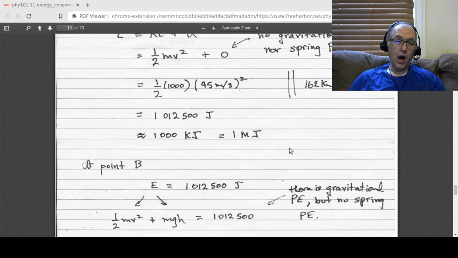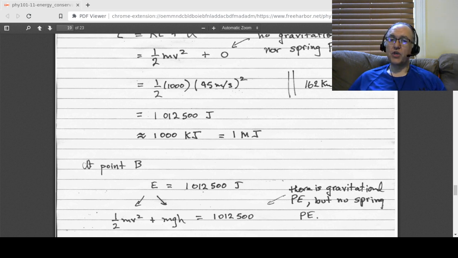So a car traveling at 160 kilometers per hour has 1 megajoule of energy. A megajoule is quite a bit. You can imagine how much damage a car traveling at 160 kilometers per hour would do, and that's roughly what you should think of as 1 megajoule. It's like a little explosion. Great, we have the total energy at point A.